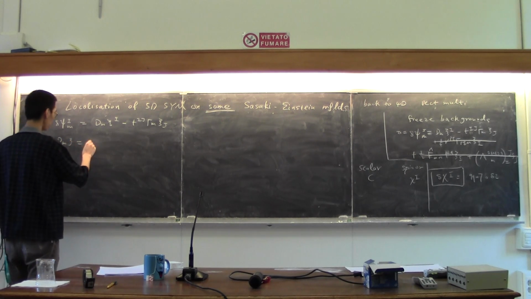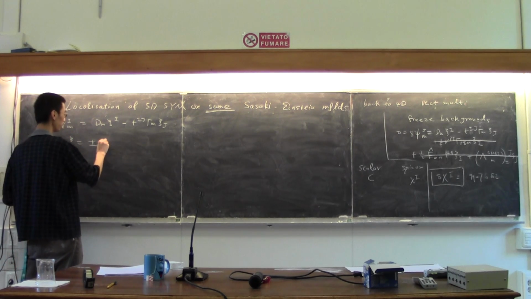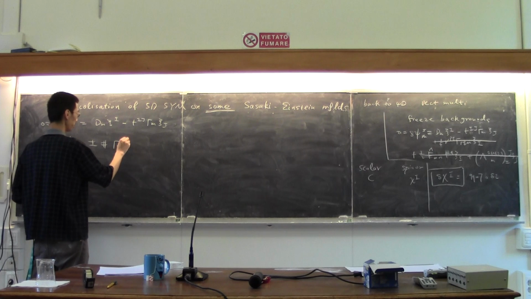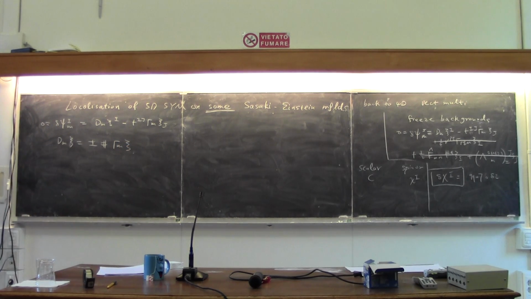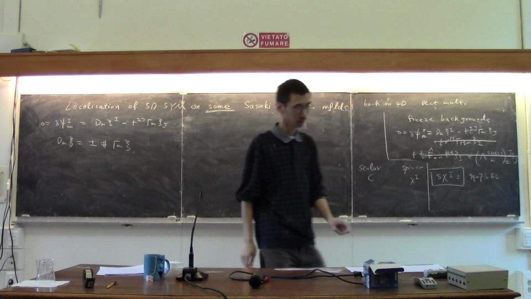So the equation we need to solve is plus or minus some number times gamma n. So this is the Killing spinor equation that we need to solve. Here the number is unspecified yet.